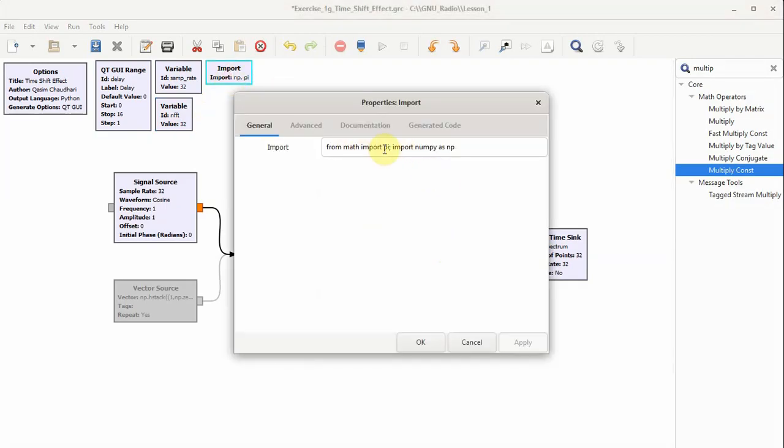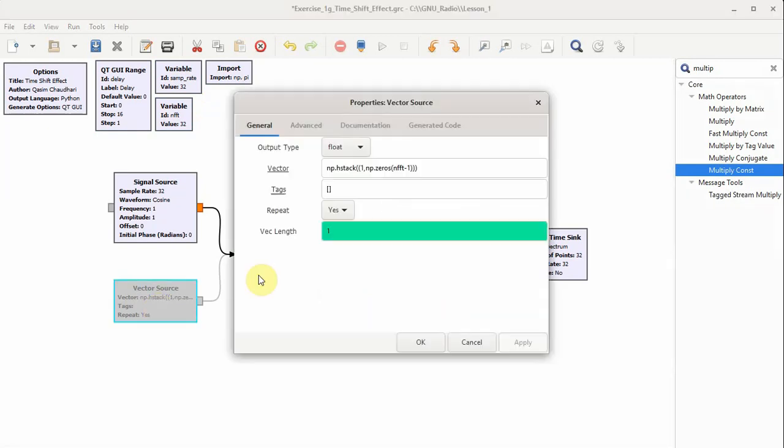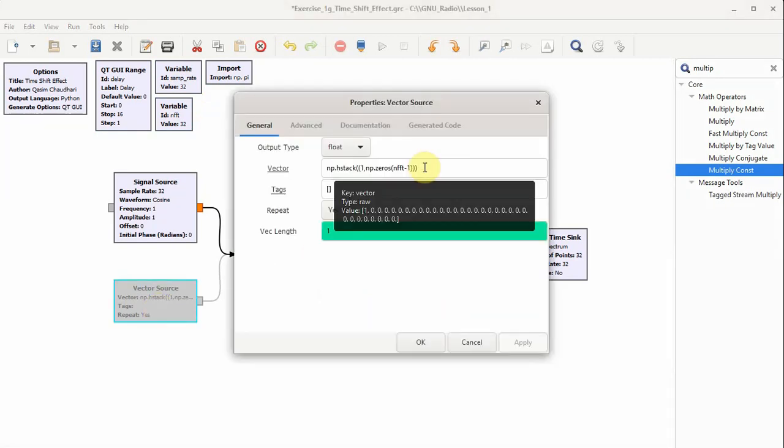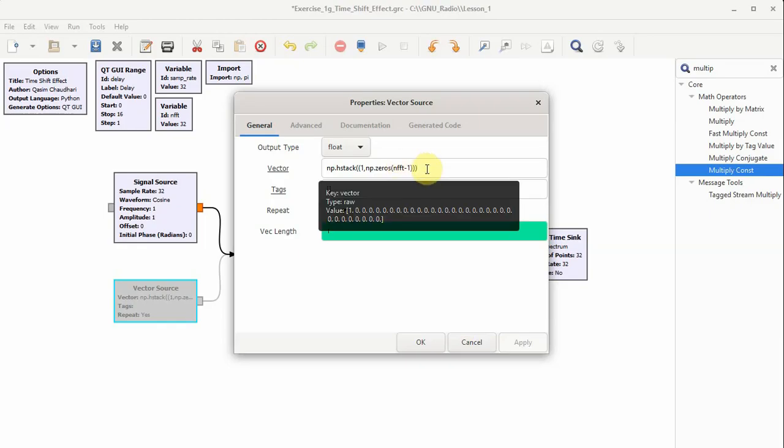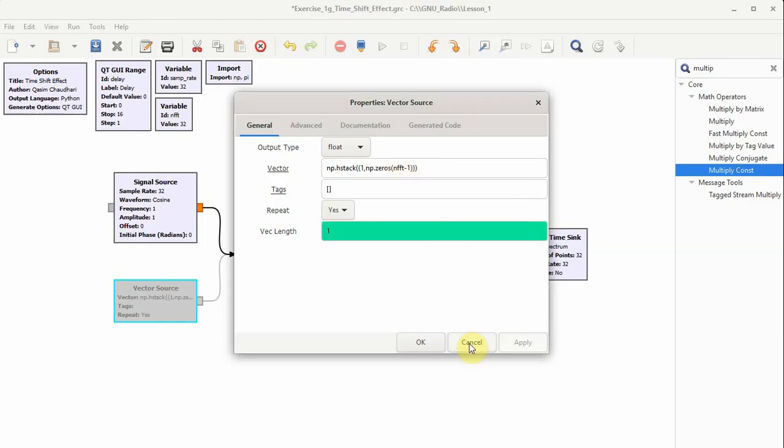I have imported the value of pi and the numpy library, which we will use to generate a vector that contains a single one and 31 zeros so that we can simulate an impulse signal in time domain. We have done this before in the frequency domain exploration.